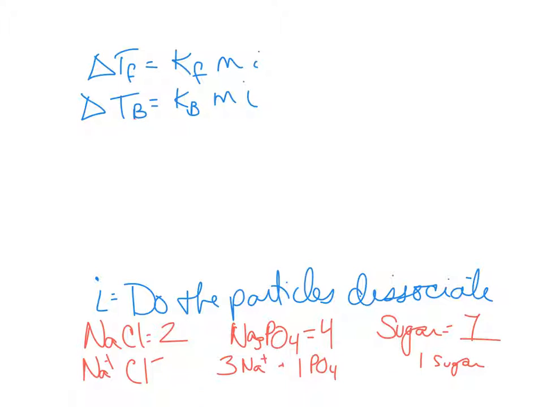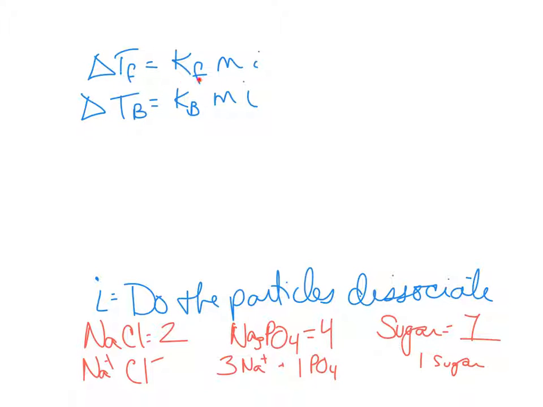So change in temp, constant, molality, number of particles. And you just multiply all that together, really, is all you do. And the only little bit tricky thing is that gives you the change in temperature.